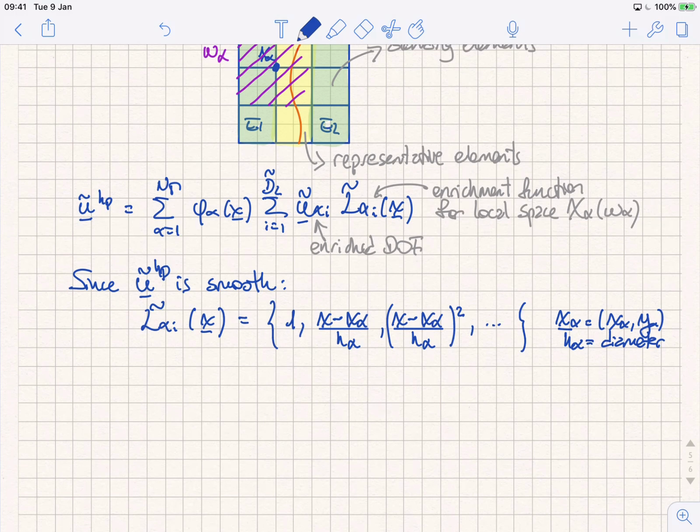Who remembers this? No one remembers. What was the reason why we decided to shift the polynomials so that they are exactly zero at the location of the enriched node? No, the condition number is actually improved by the scaling, by dividing by the diameter of the cloud.